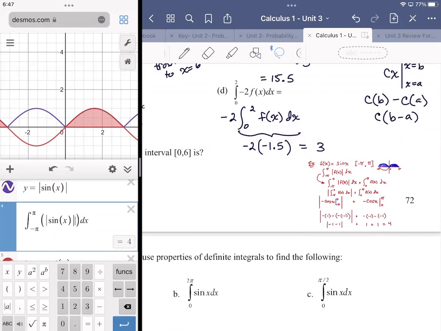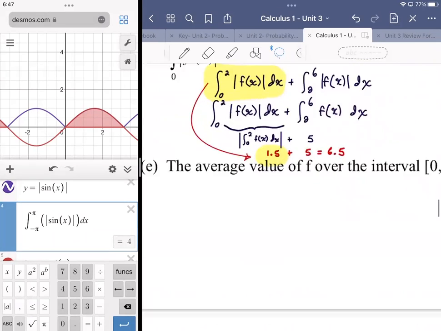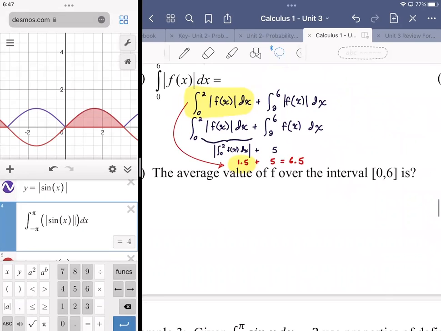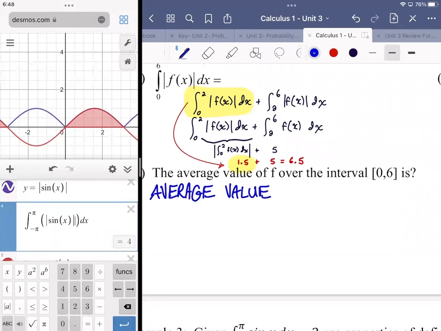If anybody needs this example later, I'll come back to it. But if you want to find the average value, the formula is 1 over b minus a times the integral over the interval of a to b of f of x dx.